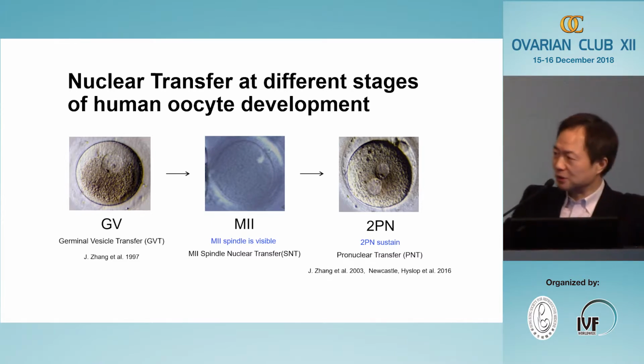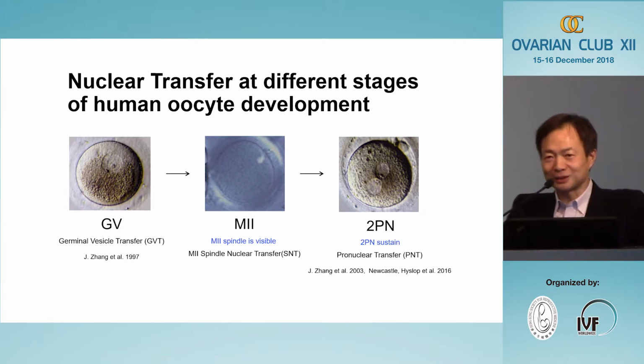And I remember that was during the time when SARS was very severe in China, and at that time we went to Shenzhen to do this pronuclear transfer. I know I have only 30 minutes, but I can't help telling you the story. In 2003, you may remember, SARS was in a wild epidemic in mainland China.